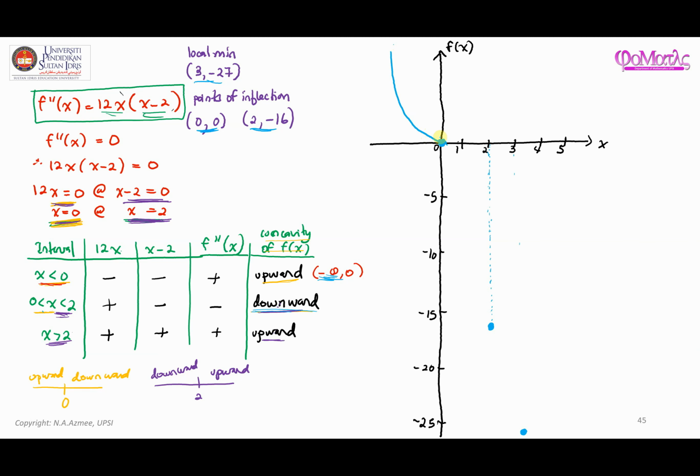Now, since 0 is an inflection point here, we know that the graph is going to continue decreasing, but the concavity of f(x) is going to be downward. So downward means it's going to be like this. So maybe like this. This is really bad. Okay.